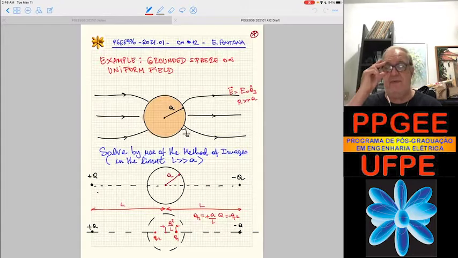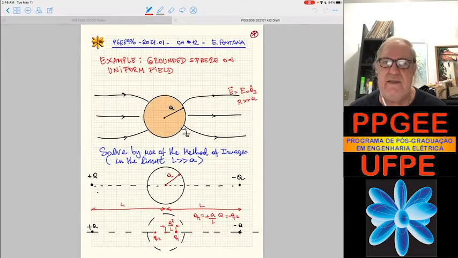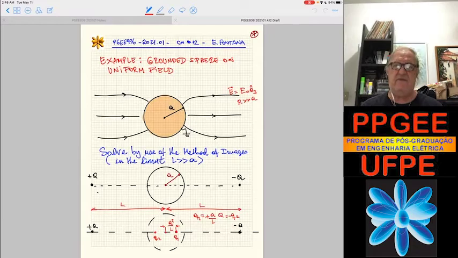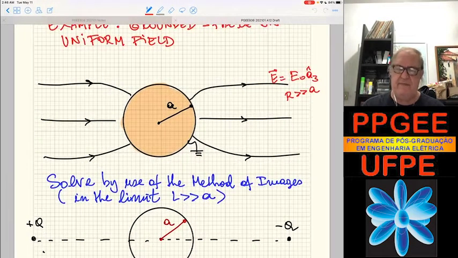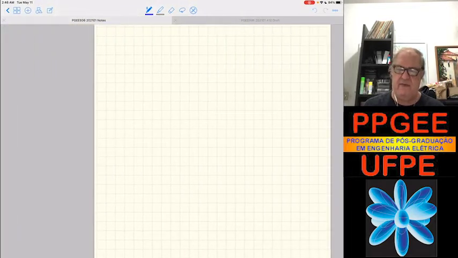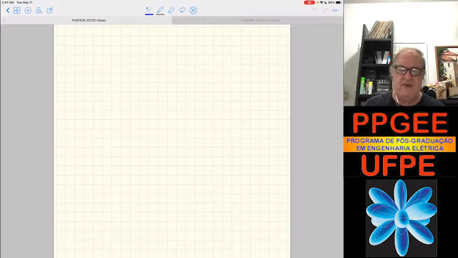Let's make an example. You can solve this problem; we did that before using Legendre polynomials. Now let's use the method of images. We assume that we have a region of uniform field.